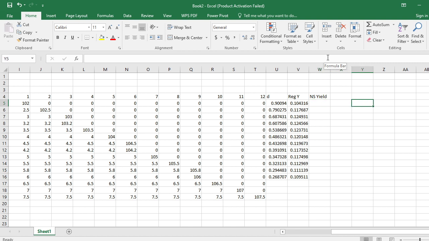Okay, NS yield depends on what? Alpha 1, alpha 2, alpha 3, beta, and there will be some error, right?